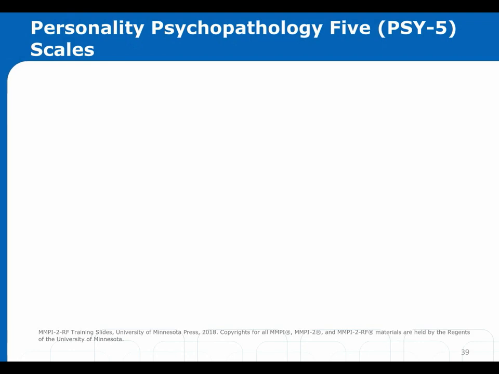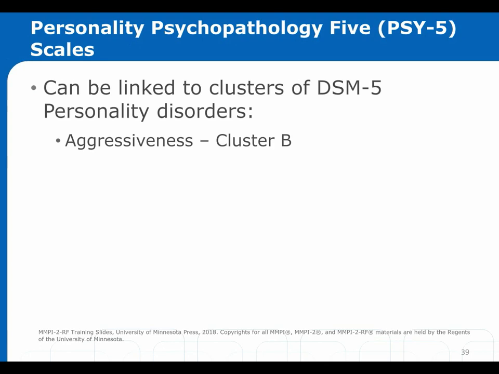The Psy-5 scales not only provide a dimensional assessment of personality disorders, but they can also be linked to the current categorical diagnoses in the DSM-5. And it's best to link the scales to the DSM-5 by way of the personality disorder clusters. So aggressiveness and disconstraint are measures of cluster B personality disorders, the dramatic and erratic ones.